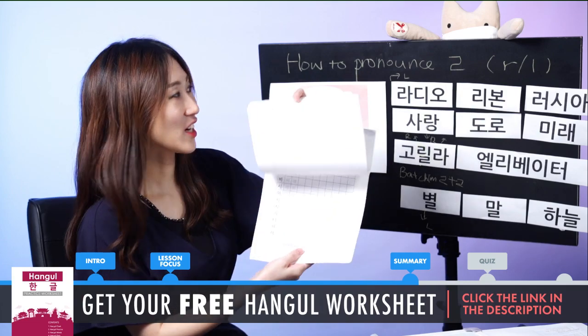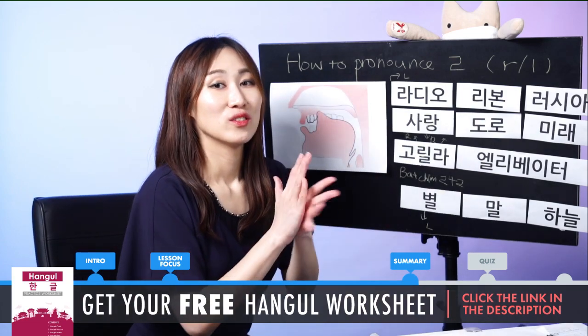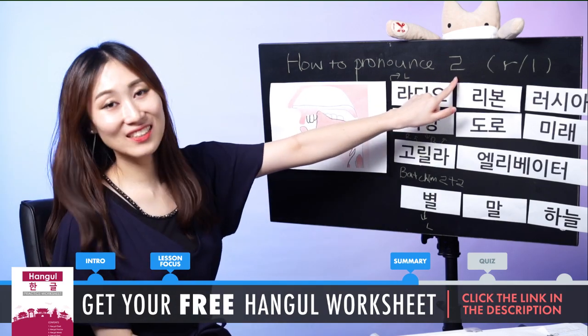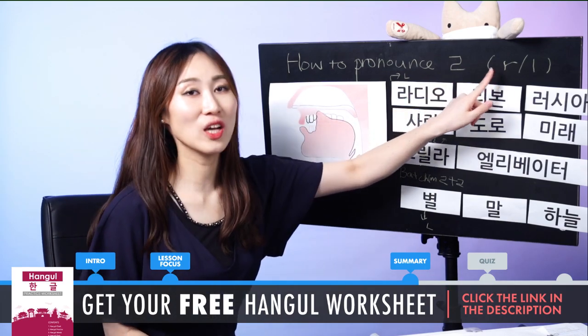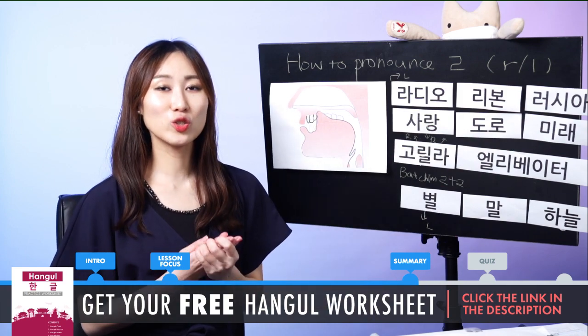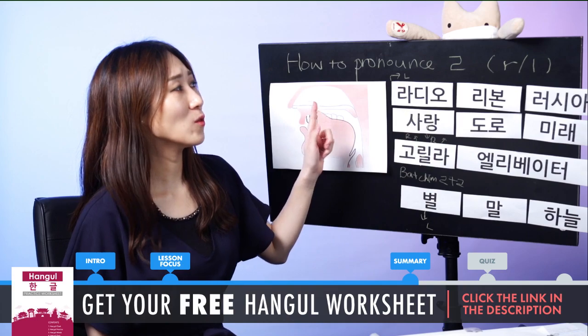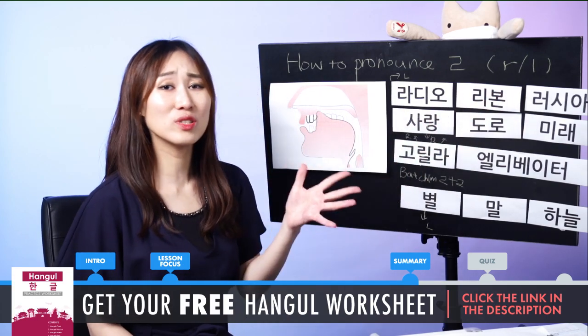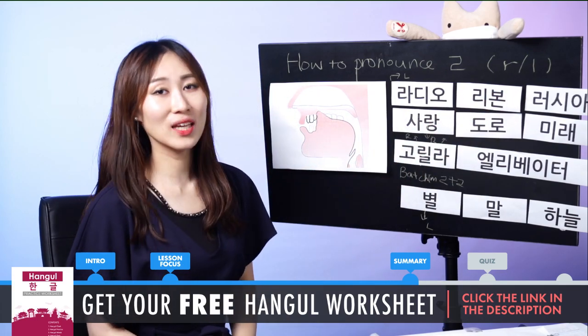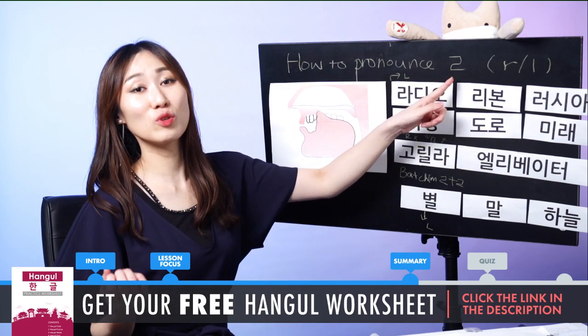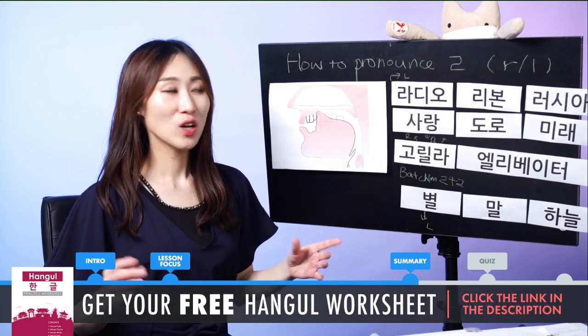Ta-da! So, summary. Korean ㄹ is different from English R and L, but there's no way to romanize this for beginners, so we often use R or L, but the sounds are different. And also, you cannot really trust the romanization system because it doesn't represent real sounds very well.